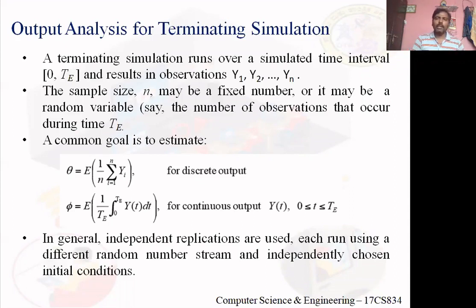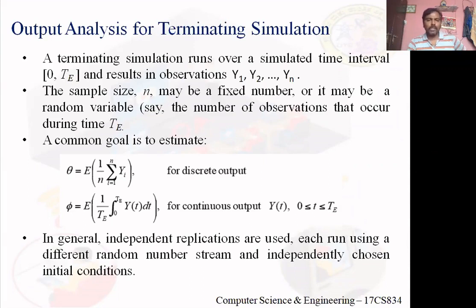Then the average of all the average response times of all 100 runs is nothing but the estimation. So the first performance measurement I am concerned with is average response time.